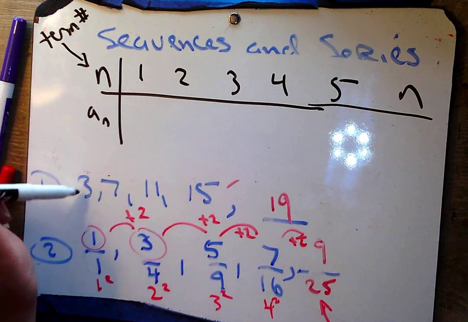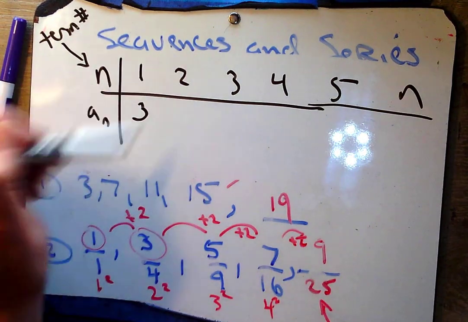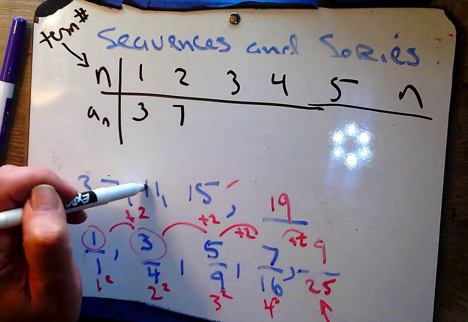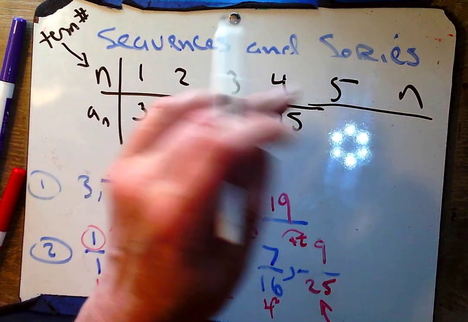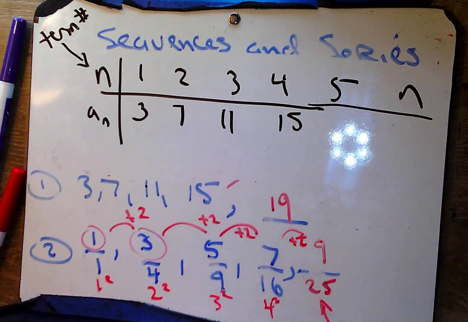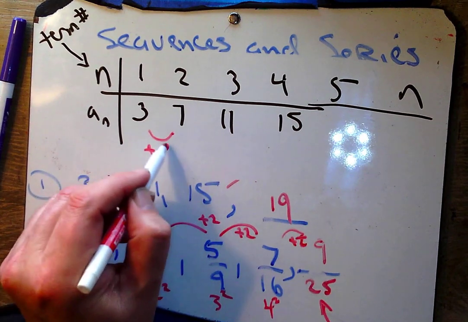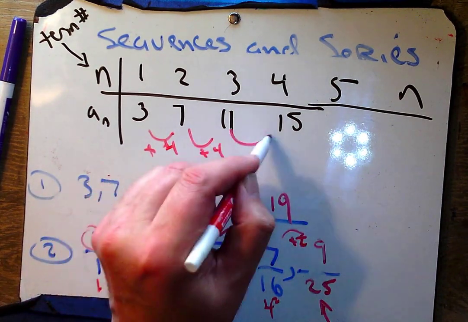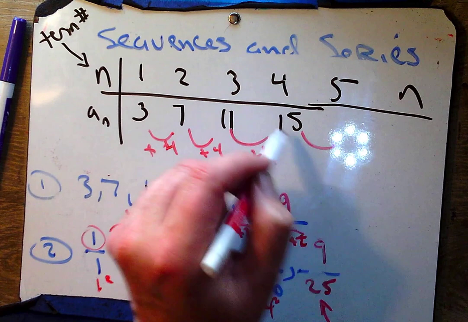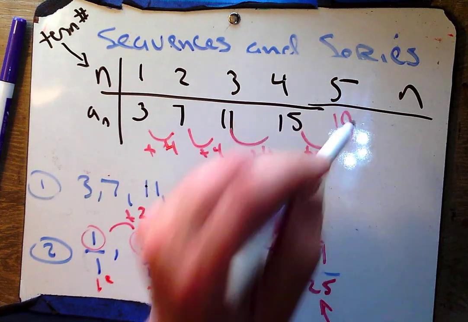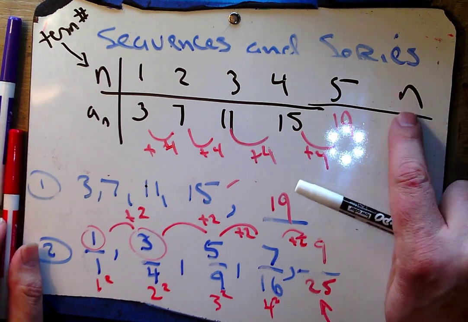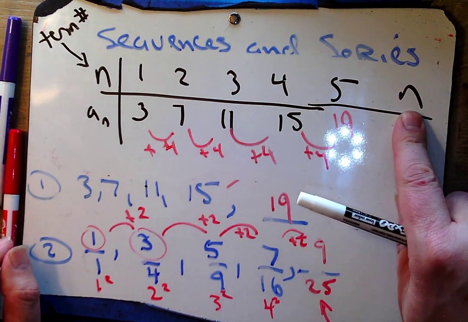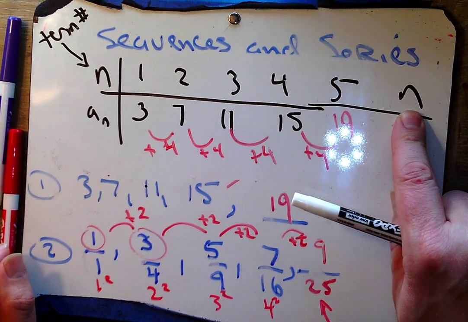So for my first term, I had a 3. For my second term, I had a 7. Third term was 11. Fourth term was 15. And we were asked to find the fifth term. And I can still see, oh, look, these are going up by 4, by 4, by 4. So I want to go up by 4 and get 19. Cool.